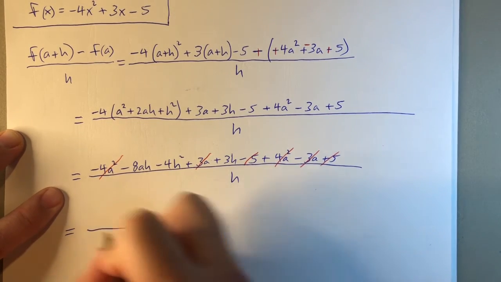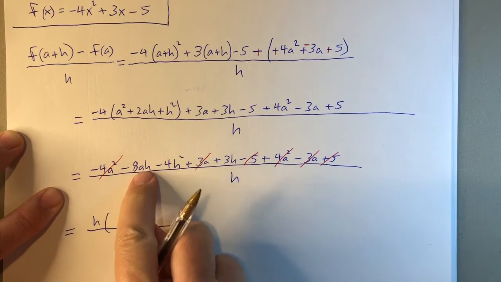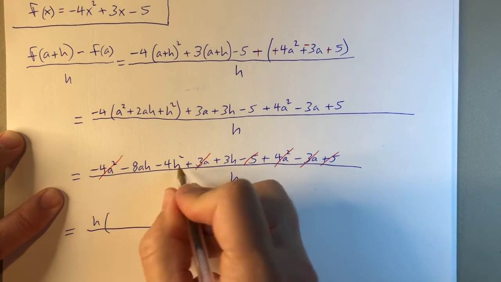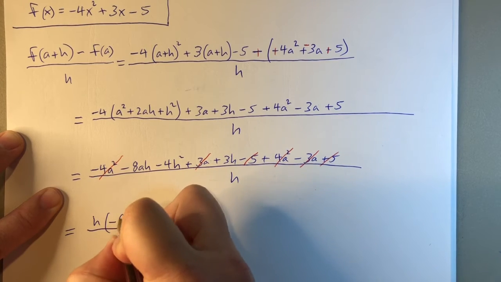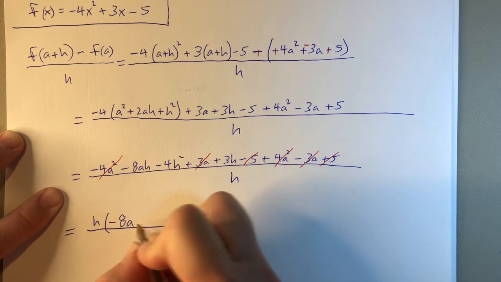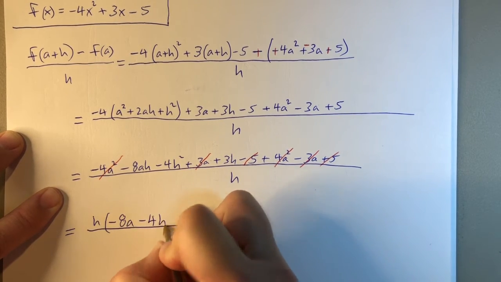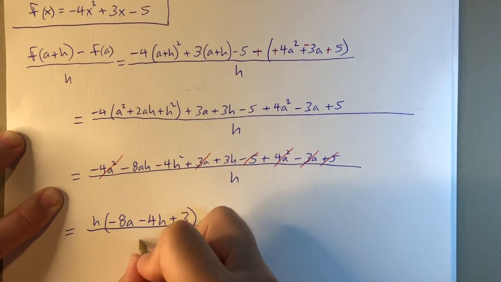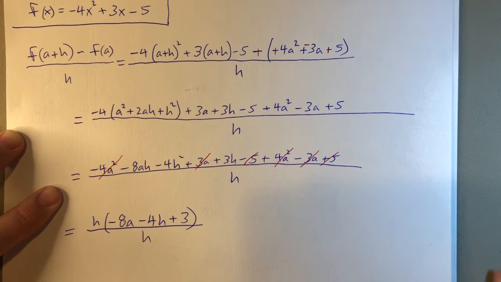So I'm going to already take out an h from the remaining terms located in the numerator. So if I take out an h, in the remaining terms here, I get h times the quantity of negative 8a minus 4h plus 3, close quantity all over h. At this time, the h's cancel.